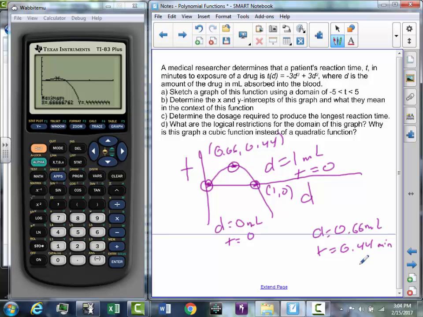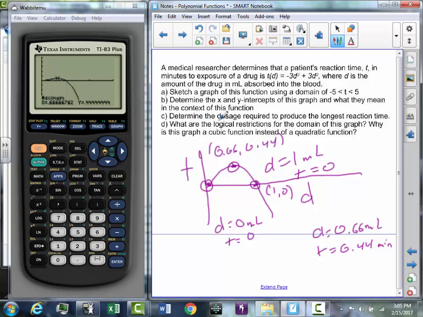If you give them too little of a dosage, it takes your body a while to actually recognize the drug and actually work with it. Does that make sense? So if you give them nothing, it doesn't take any time for them to react because they're already done, right? If you give them 1 milliliter, they also reacted. But if you give them, like, say, 0.66 milliliters, then it takes them half a minute to catch up. Does that make sense? So that's actually part C.